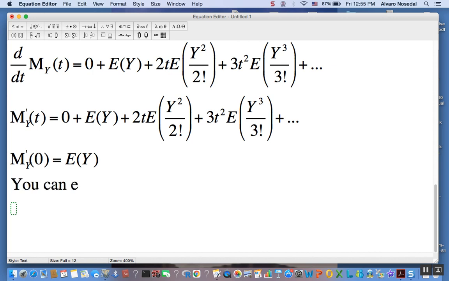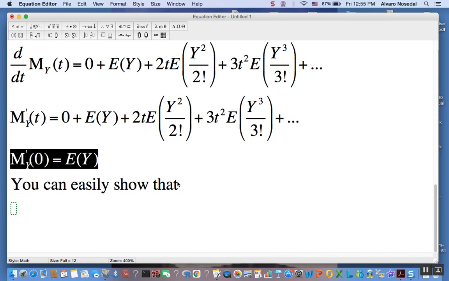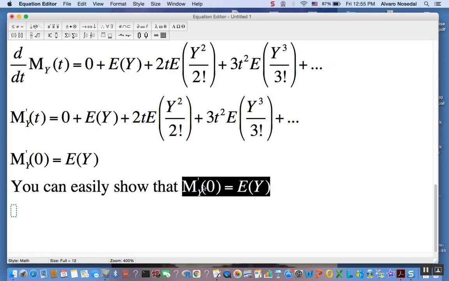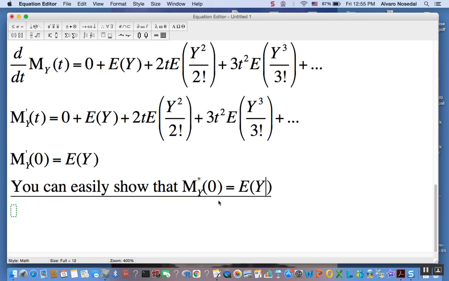You can easily show that the second derivative of the MGF with respect to t, that's important, evaluated at 0 is going to give you the expected value of y squared.